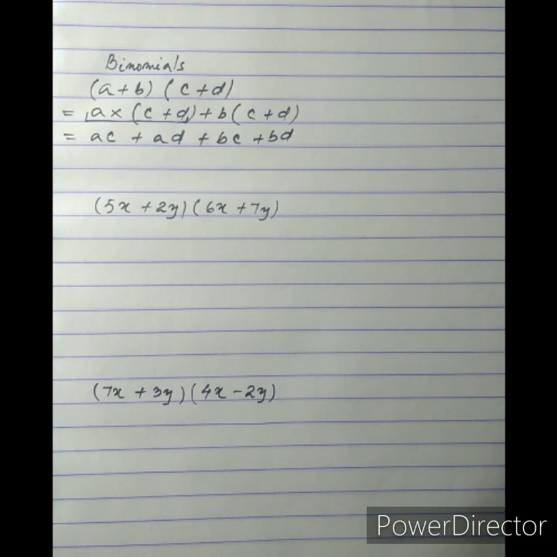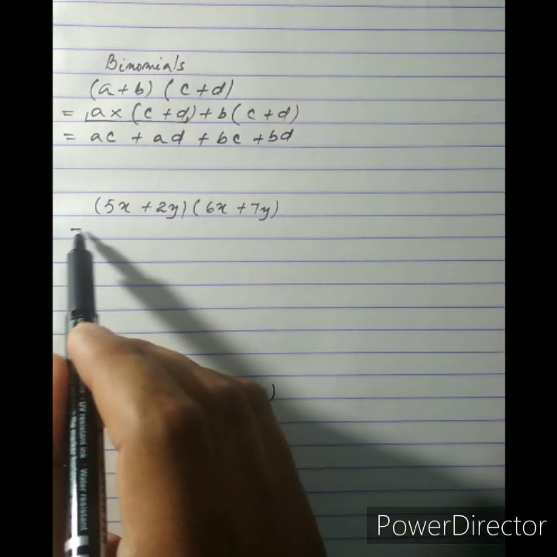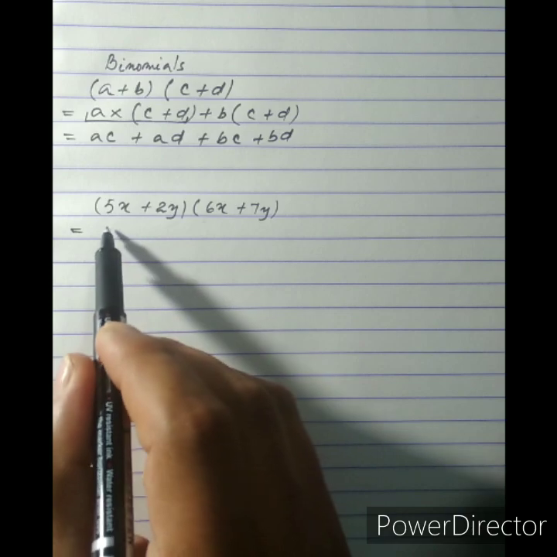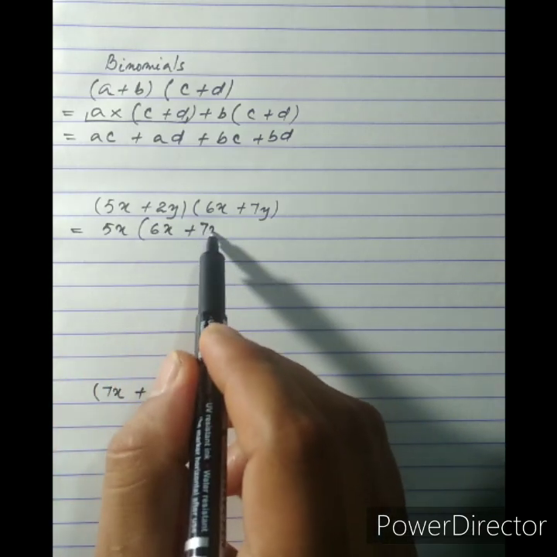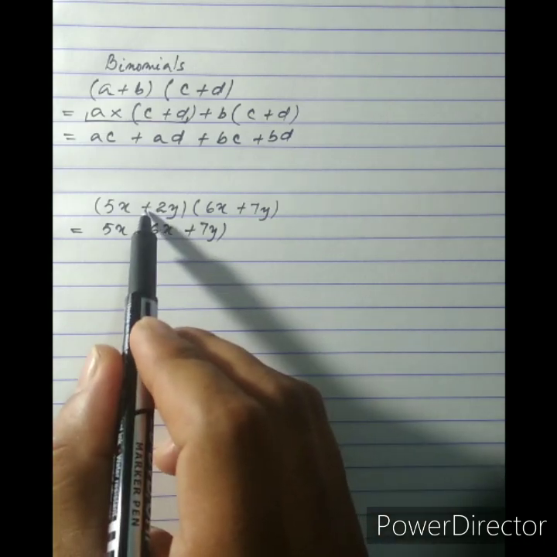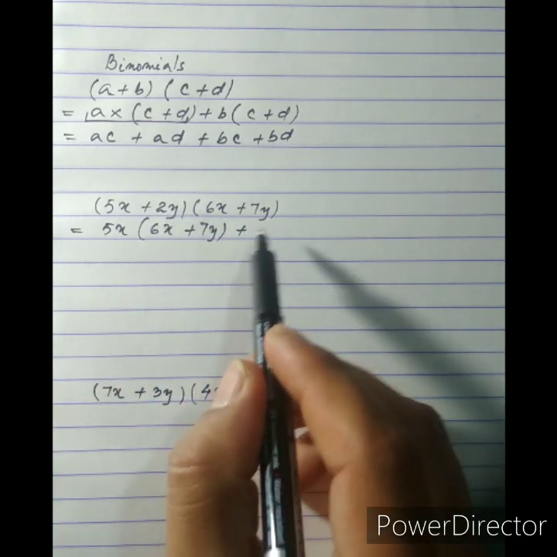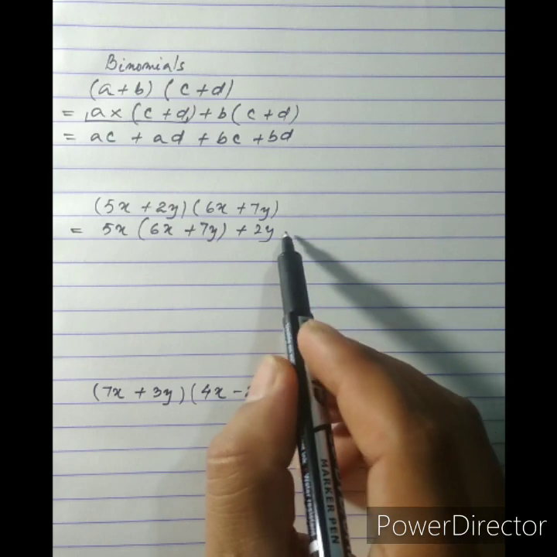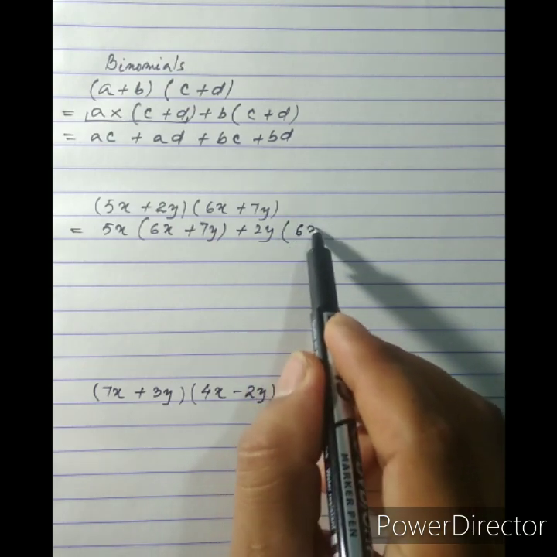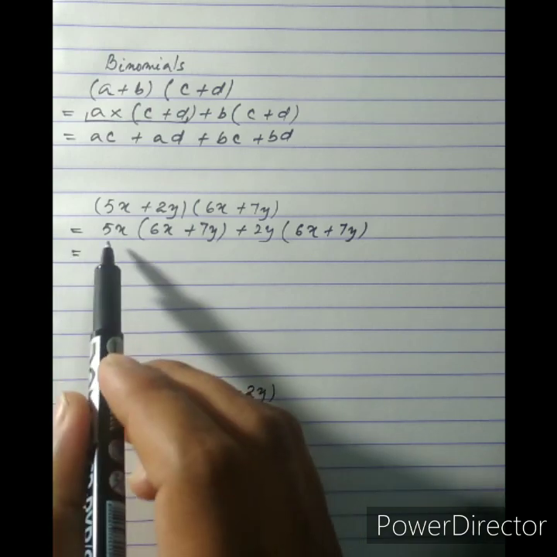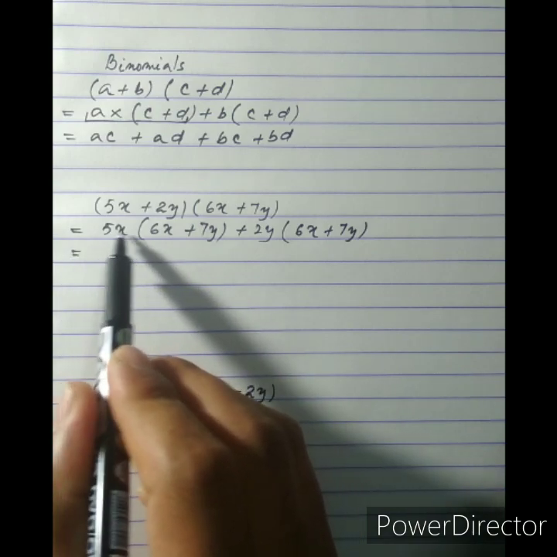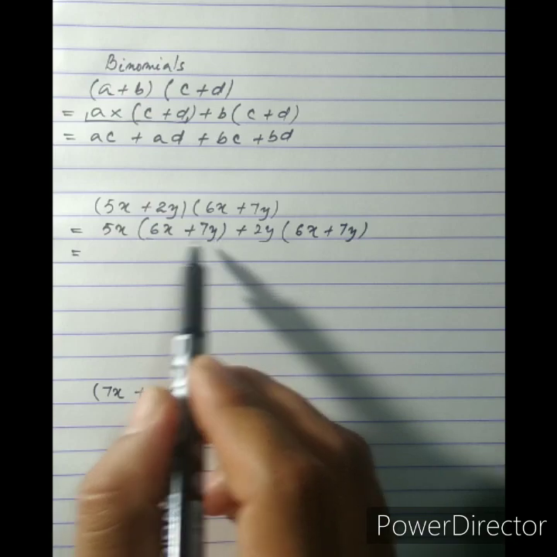Now let us start how to solve it. First, this 5x will multiply to 6x plus 7y, and after that this plus twice y will multiply to 6x plus 7y. Next, this monomial will multiply to this binomial.